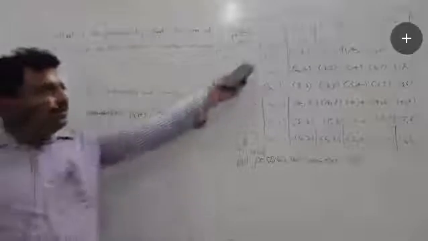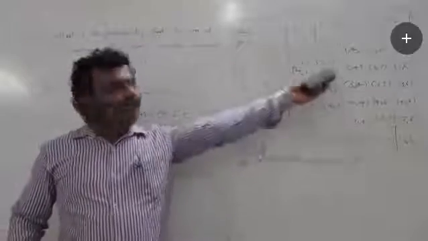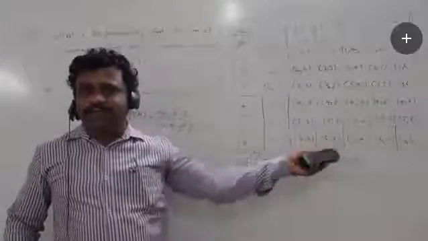What is the probability that the sum of two numbers on their faces is greater than 12? The sum of two digits is greater than 12. Is there any situation?